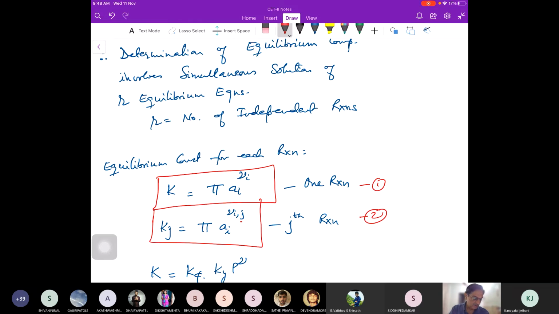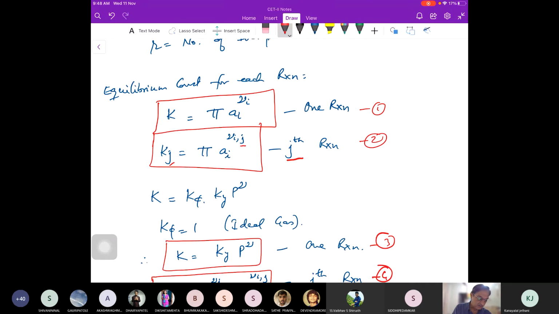The rest is the same. Here there was one reaction, a_i raised to the power of nu_i, but when you consider more than one reaction, we have to have a separate K for each reaction. So K of reaction 1 will be pi of a_i raised to the power of nu_i for the first reaction.